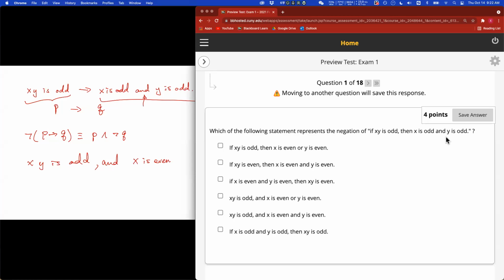And to negate the AND, you will have OR. So the correct answer choice will be: xy is odd, and x is even or y is even.